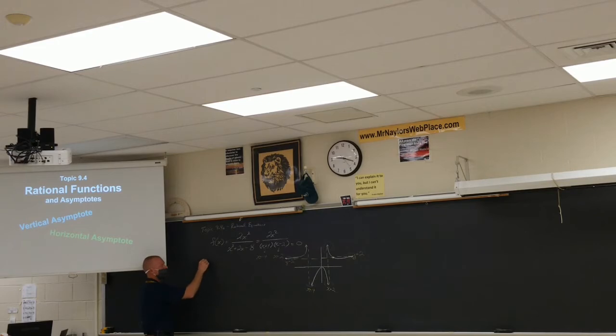So if you think about x going to infinity, if you think about x getting really big, and you think about the numerator and denominator, you would be able to come to the conclusion that the largest part of the numerator is going to rule, and the largest part of the denominator is going to rule. That's because if I plug big numbers into this fraction, the biggest exponents are going to have the most power. This measly little -8 is not going to have a big effect if x gets really big.